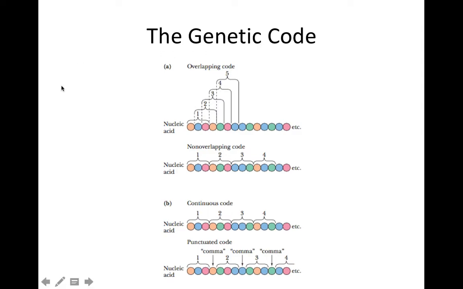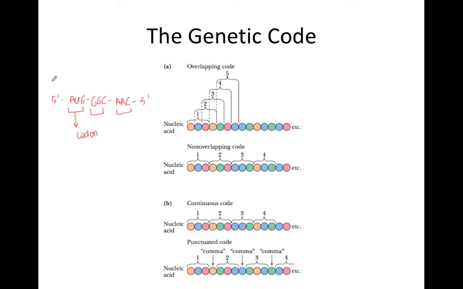So, for example, if you have your mRNA, let's say AUG, GGC, AC, or something like that. So they are read every three bases, and these three bases are called a codon.